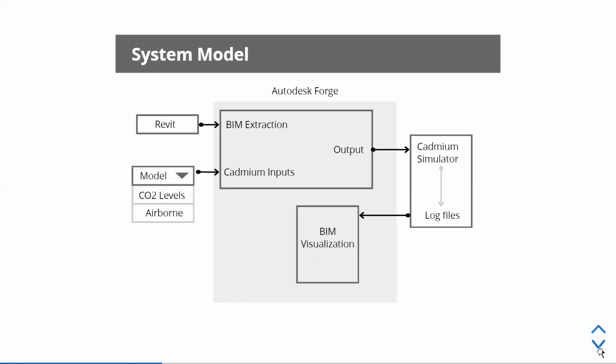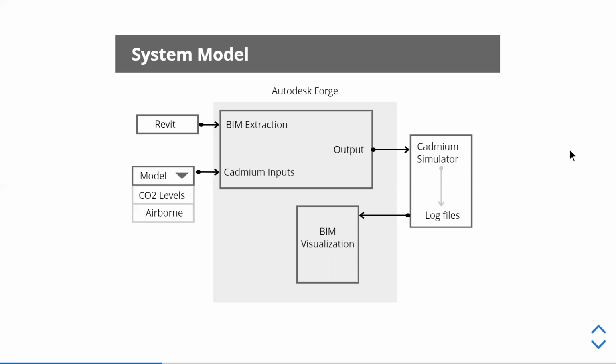We wanted a tool that would provide easy interaction and access to the repositories of formal models generated by Cadmium Simulator for architects, and likewise for the simulators to have a beautiful visualization.